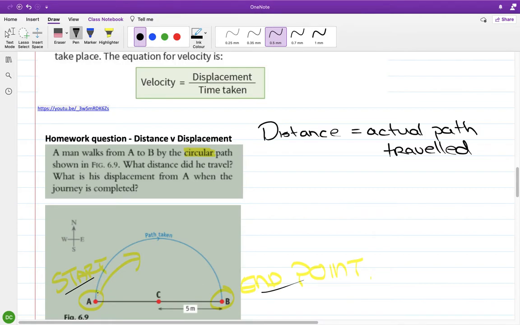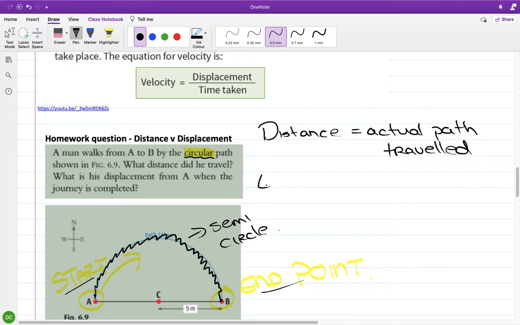So when you're trying to calculate the distance, what we want to know is what length is this curved line. It hinted at the fact that it was circular here, and it is exactly half the circle, so it's a semicircle.